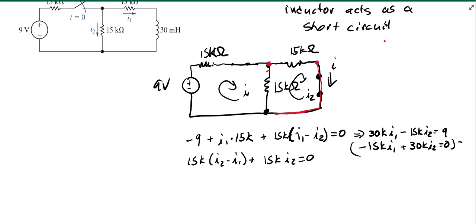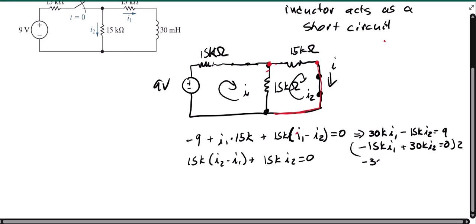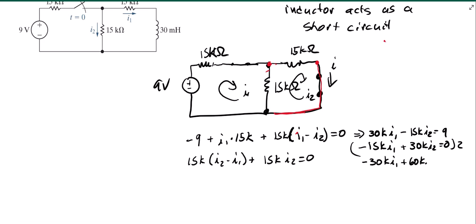I can multiply the bottom equation through by 2 to get negative 30k I1 plus 60k I2 equals 0. Then I can add the top equation and the bottom equation together. And those cancel, and I get 45k I2 equals 9.